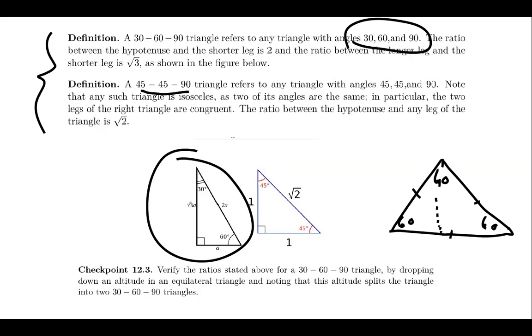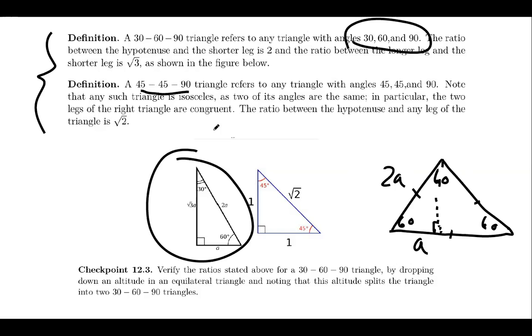All right, did anyone get it? So the way we can do this is by using the Pythagorean theorem. So let's let the sides of the triangle be 2a. When we drop down the altitude, that means the altitude is at a 90-degree angle, and that splits the side in half. So this is a.